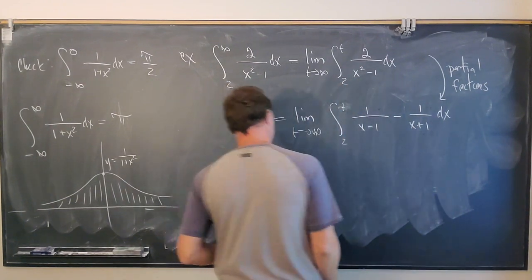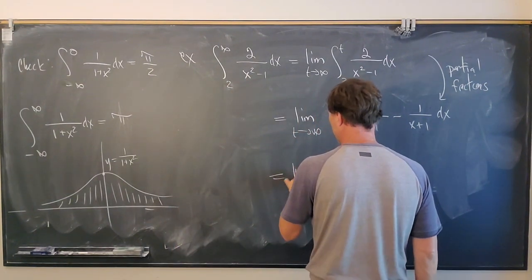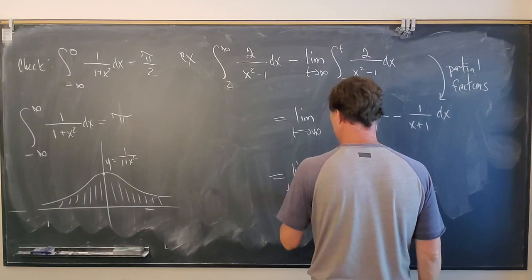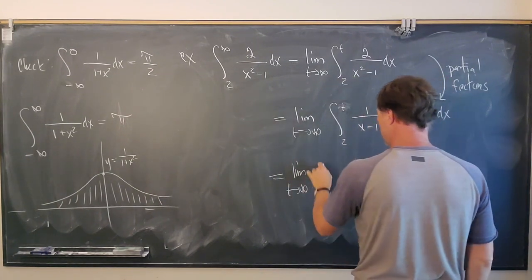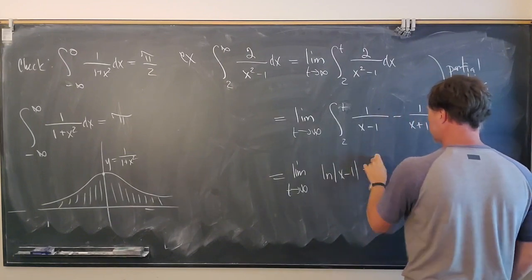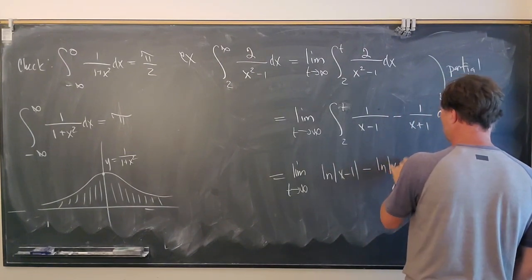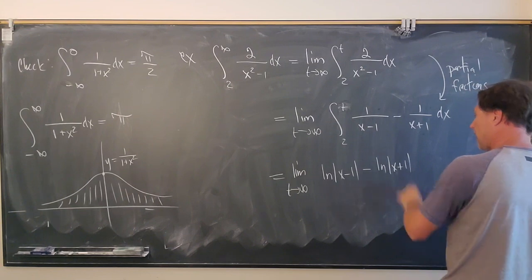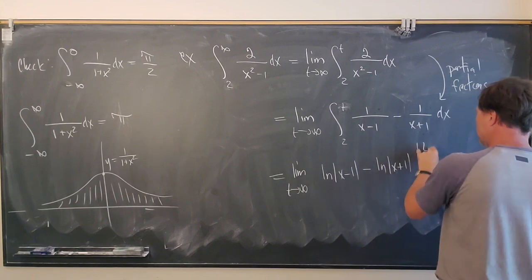Okay, now we can compute the antiderivative, so this becomes the limit as t goes to infinity of natural log absolute value x minus 1 minus natural log absolute value x plus 1, and we're going from 2 to t.